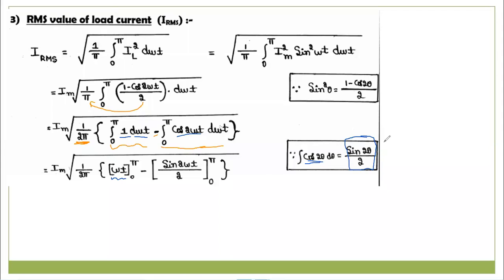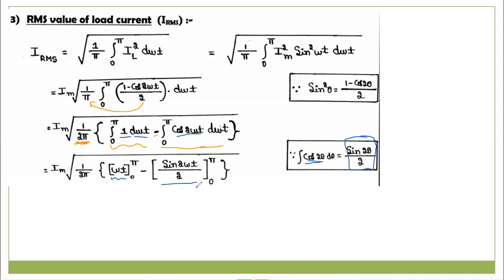This is a mathematical formula. If I use this formula for replacing cos 2 omega t, I'll get sin 2 omega t divided by 2, and the upper limit and lower limit of this integration are 0 to pi.